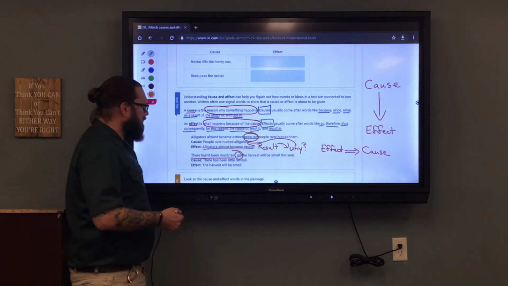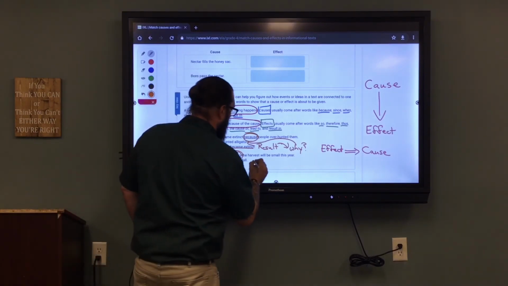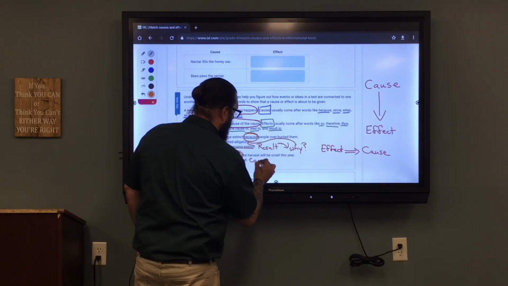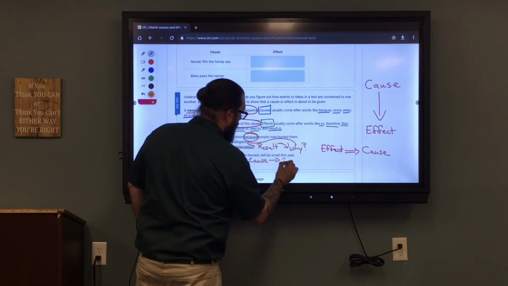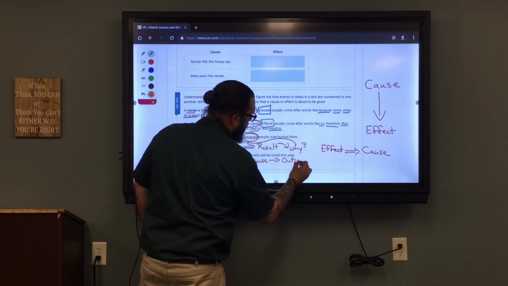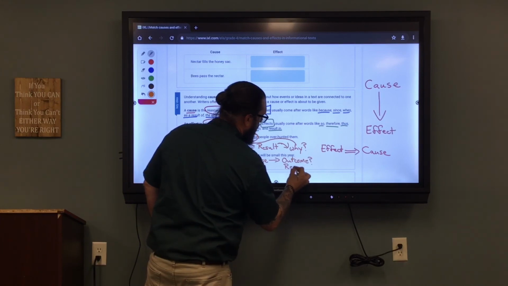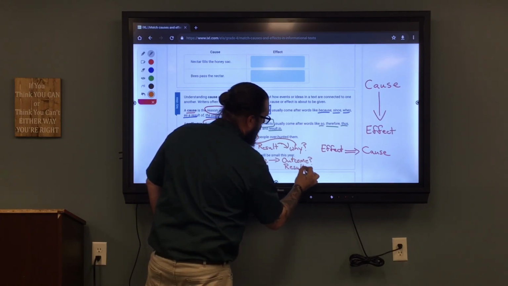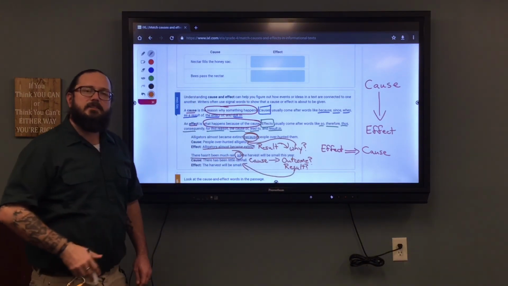The effect is the harvest will be small. So, little rainfall is the cause. So what's the outcome? What is the result? Well, the result is that they're going to have a small harvest.